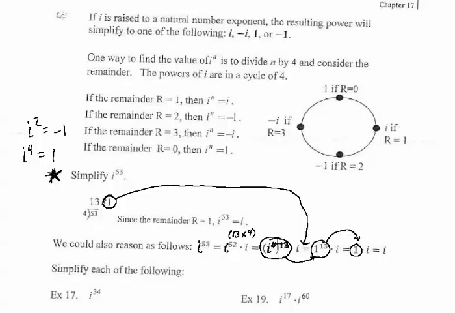So however many 4's that you can divide out of your exponent, that just ends up being a 1, and you can toss them away. All you really need to do is focus on the remainder. Once you have the remainder, you can just simply go and write an i with that particular remainder. And from there, if it needs to be simplified, you can revert back to using i squared.